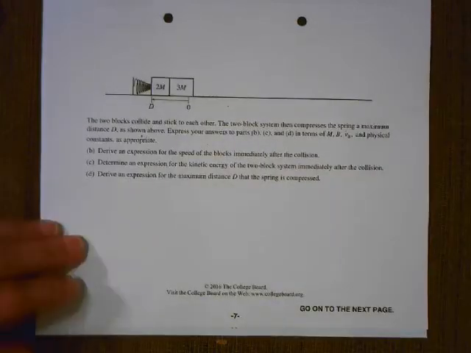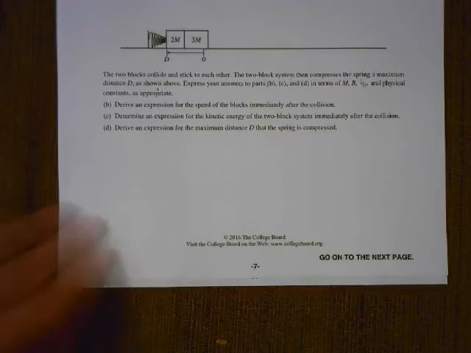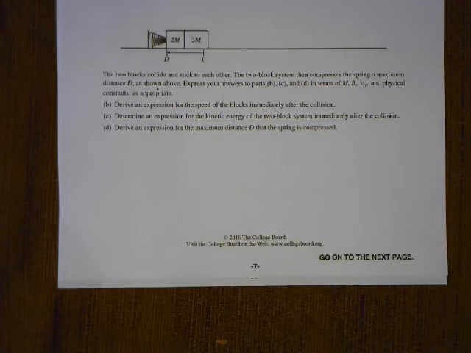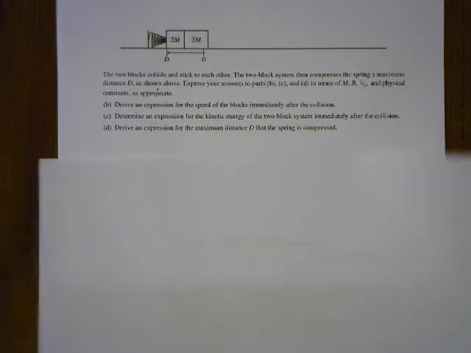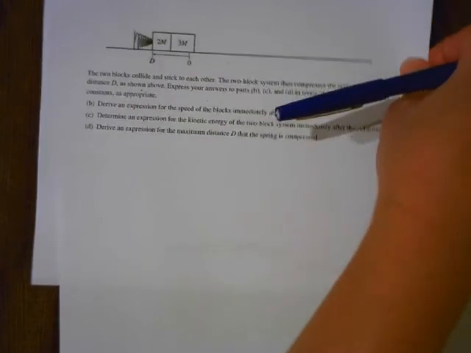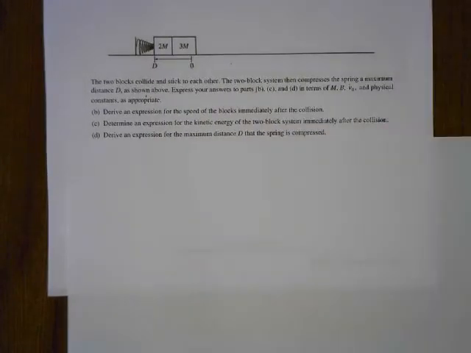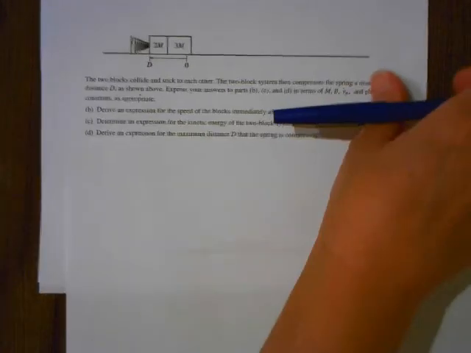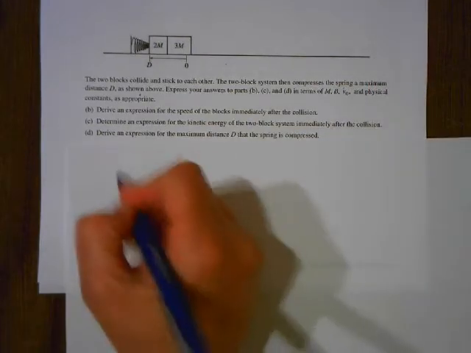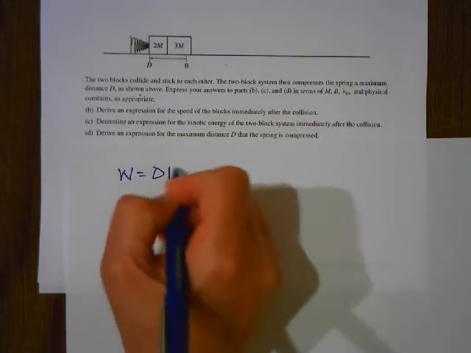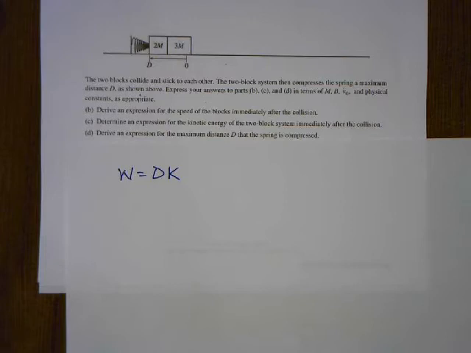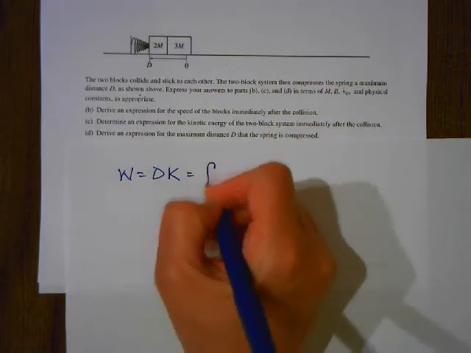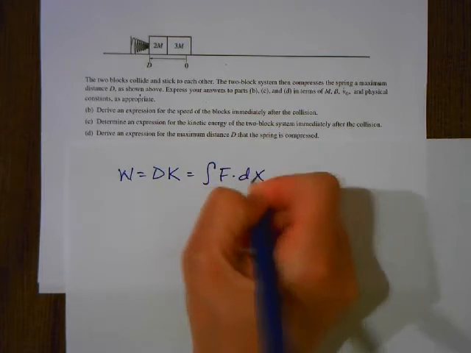Part D, derive an expression for the maximum distance the spring is compressed. Well, this is a non-linear spring, okay? So this is where you're thinking about work is equal to the change in energy. They just told us something about kinetic energy, so now we know that work is equal to the change in kinetic energy. Now, this one has calculus, so this is equal to, we're going to have to integrate F dx.